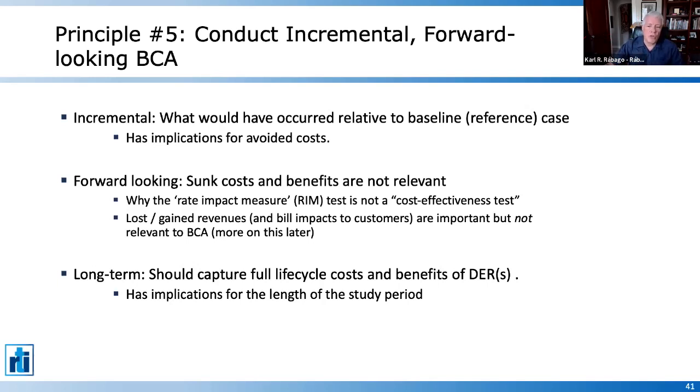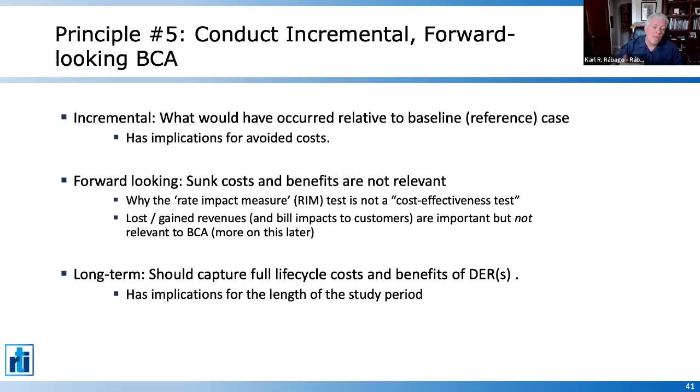It's a future projection, meaning that sunk costs and benefits are really not relevant. That's why the RIM test, as it's often called, is not really a test, or at least not a test of cost effectiveness. It is a measure. It can be used for impacts, of course, but it is not a cost effectiveness analysis.